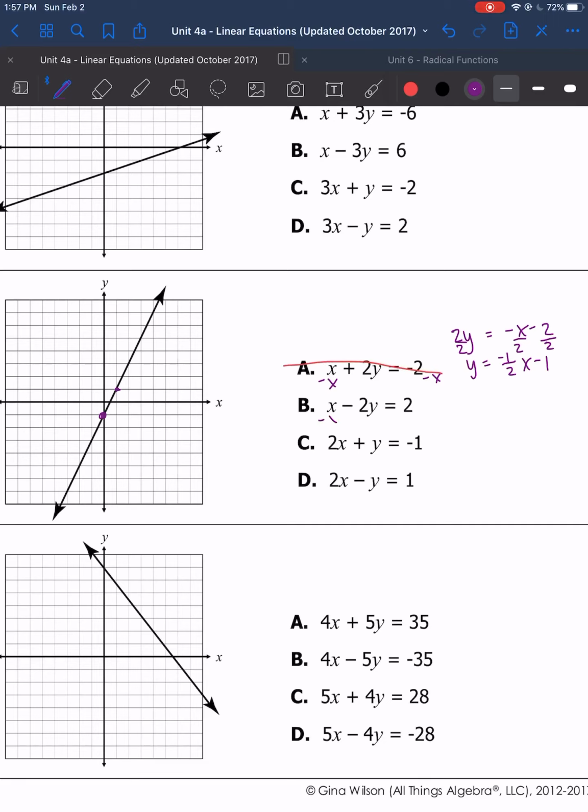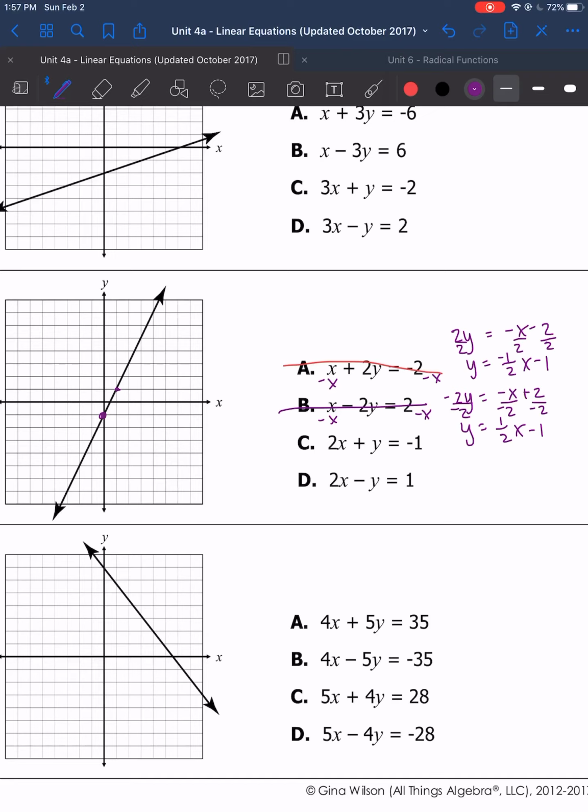And then I'm going to subtract x for b, so I have -2y equals -x plus 2, divide by -2. I get y equals 1/2 x minus 1. Well, that's not it either.